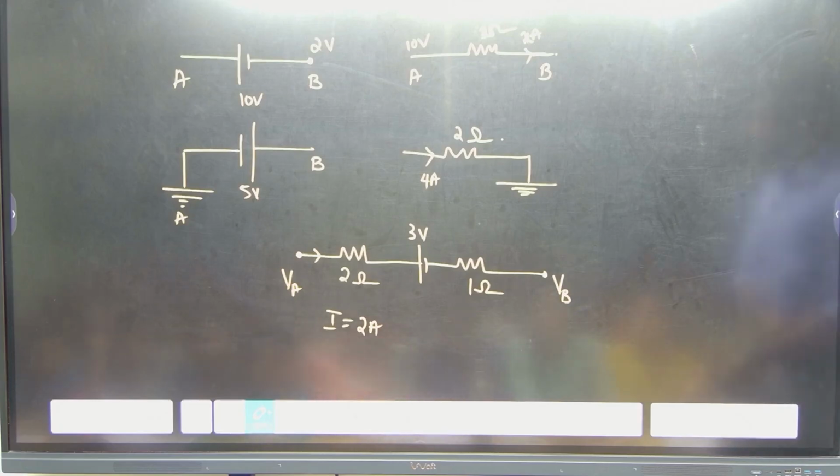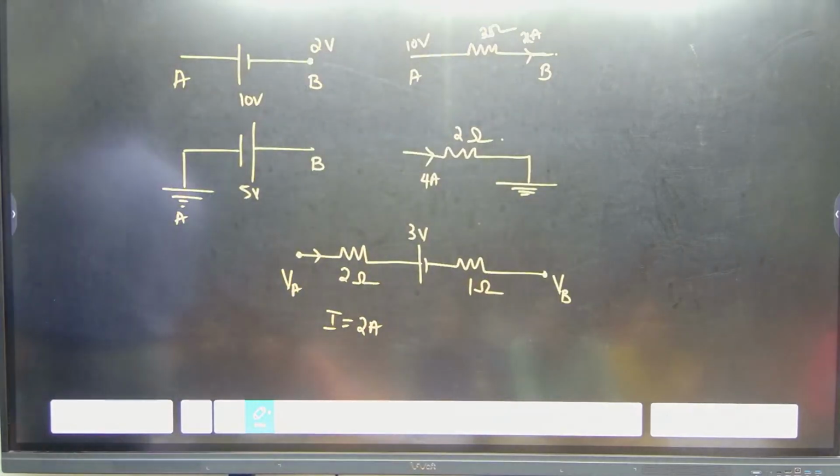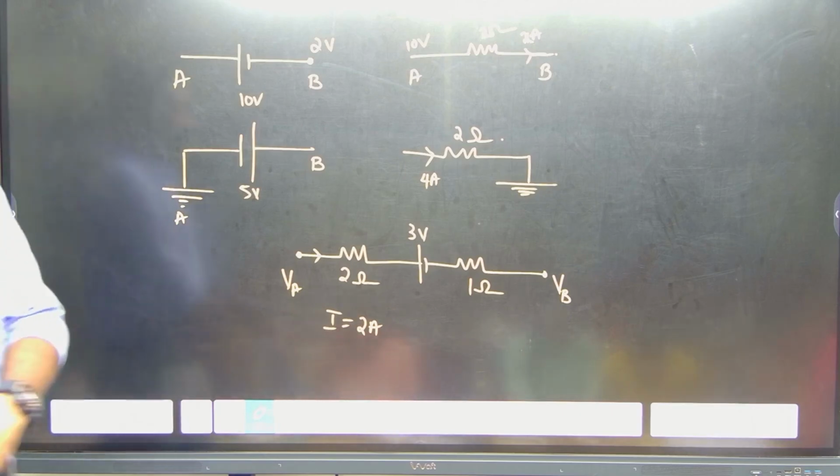Last one. Answer: VA minus VB, I need to find the potential difference. 9. Nine is the answer for the fifth one.